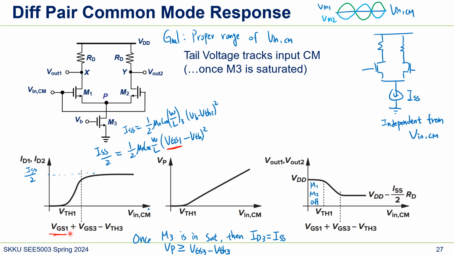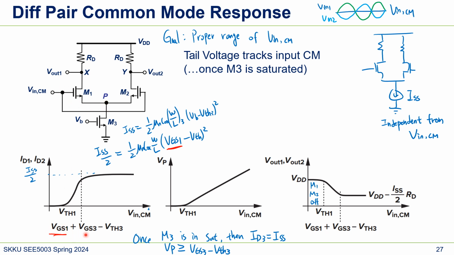Once VGS1 is high enough, the transistor can flow the whole ISS in saturation. The minimum of VP is this one, plus VGS1, where VGS1 is from VP to here.